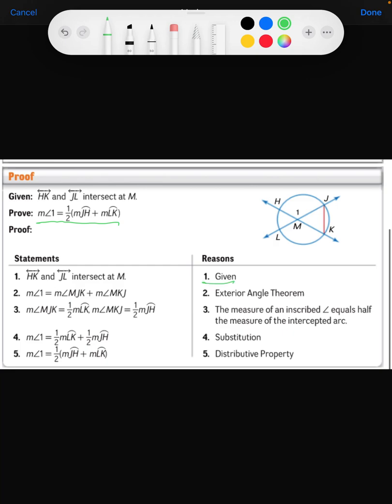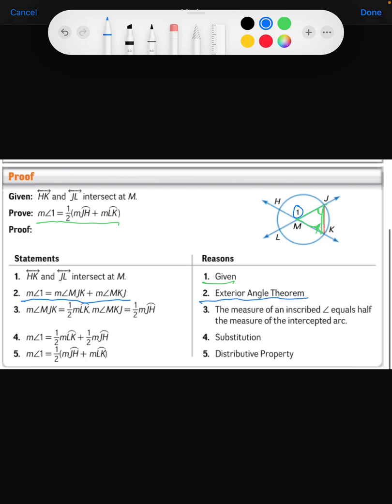Then if we look at this triangle here, we have two interior angles, MJK and MKJ, and our angle 1 becomes the exterior angle. So we can say that angle 1 is equal to MJK plus MKJ by our exterior angle theorem.